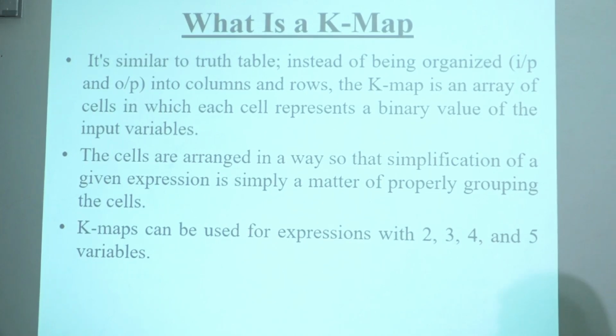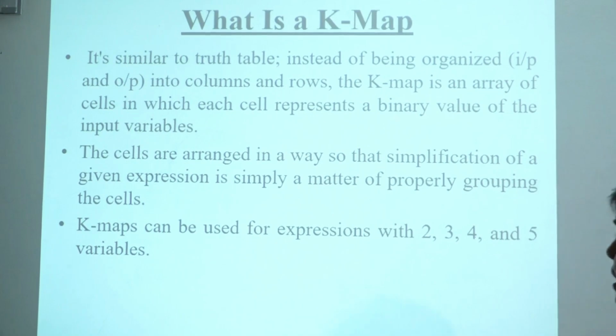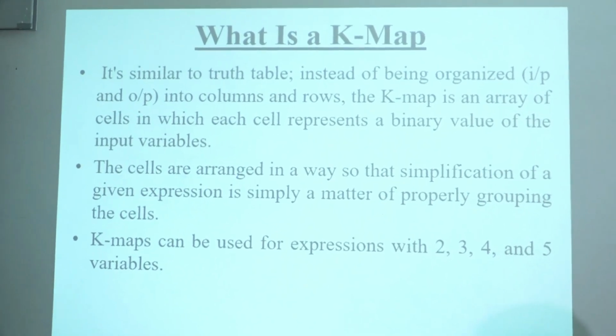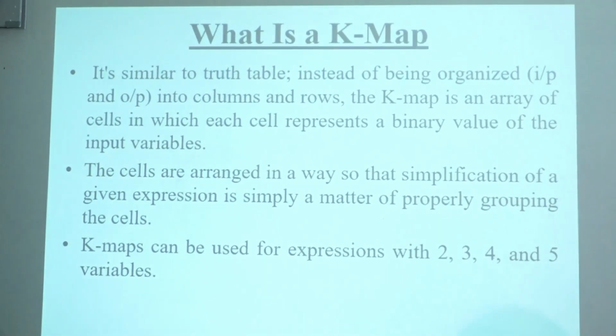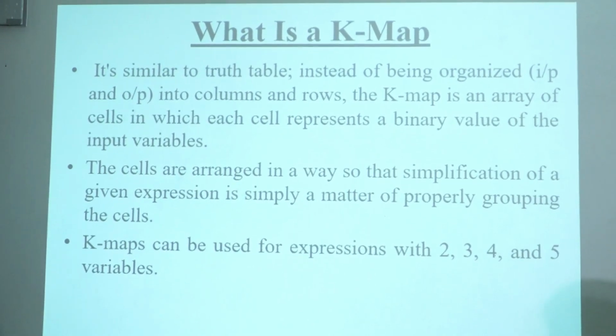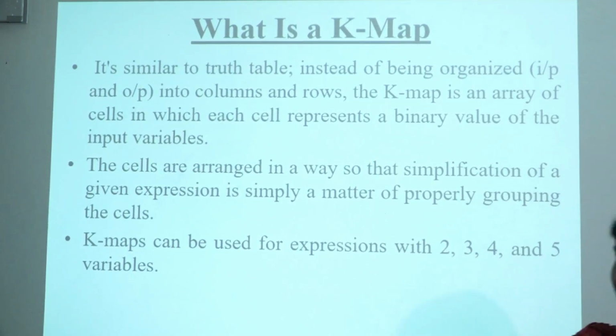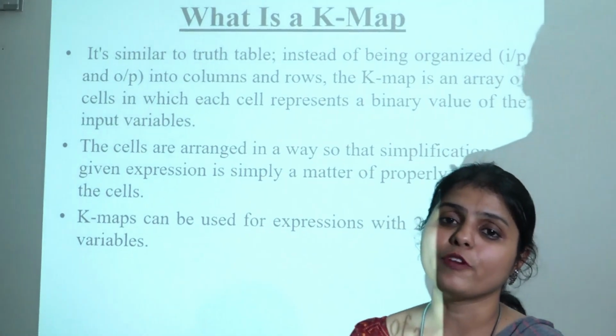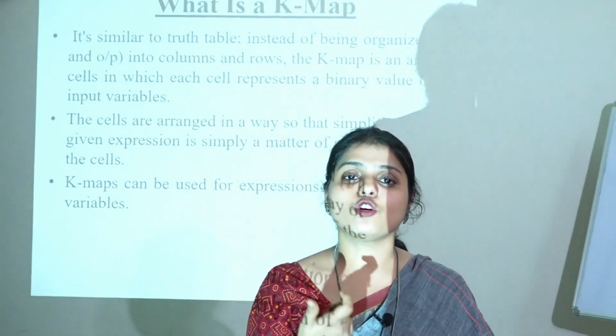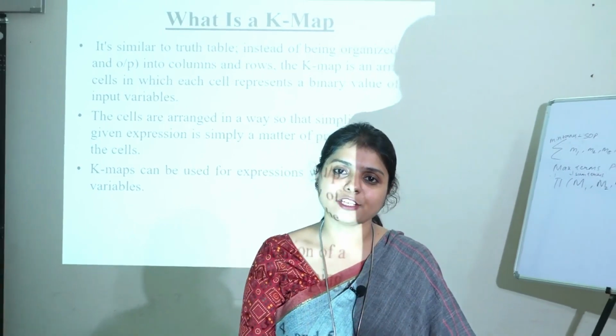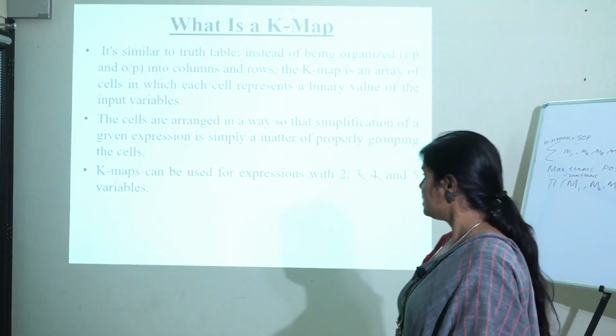Okay. Now, how does a K-map look like? What is this K-map? How does it look like? Okay. So at the look, it looks like a truth table, but instead of rows and columns, we have this array representation for a K-map. Okay. So depending upon the number of variables that we take, we have a number of cells in the array representation of K-maps that we are going to see today.